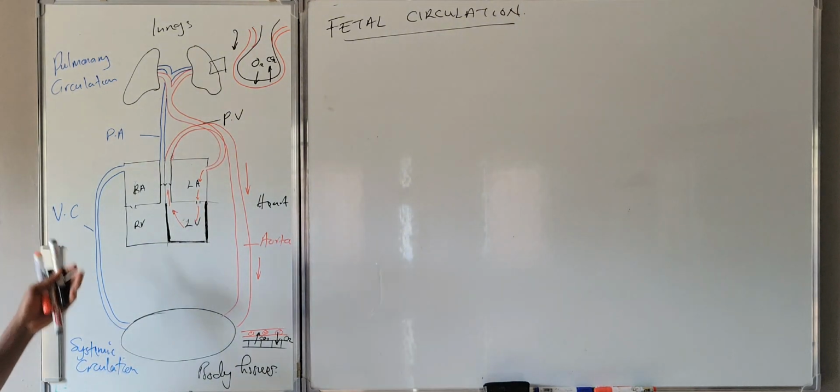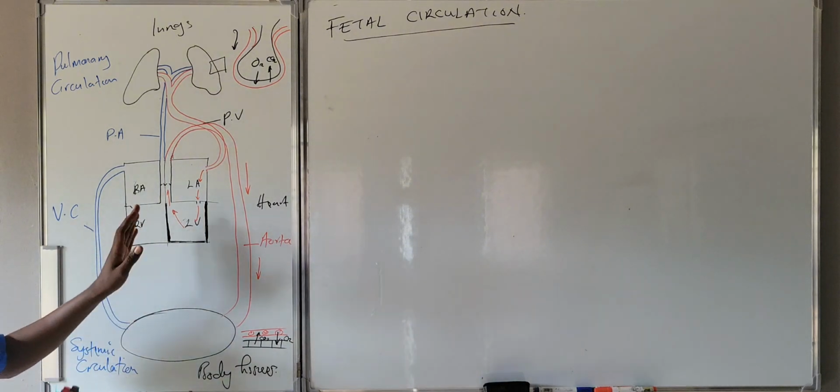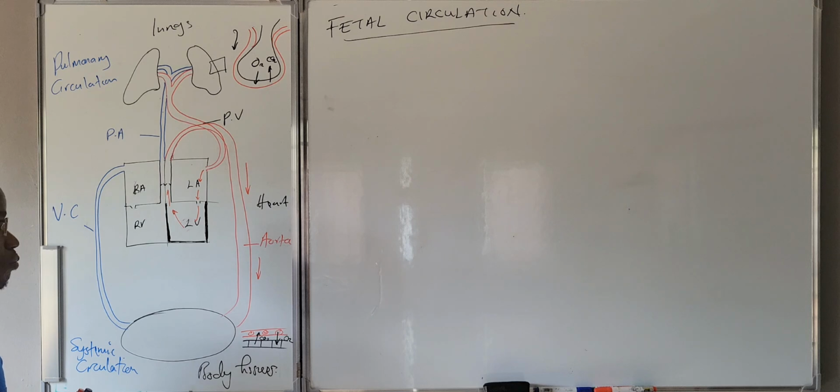So we have pulmonary circulation and systemic circulation in the adult circulation. Basically you can see the path that is followed by blood.